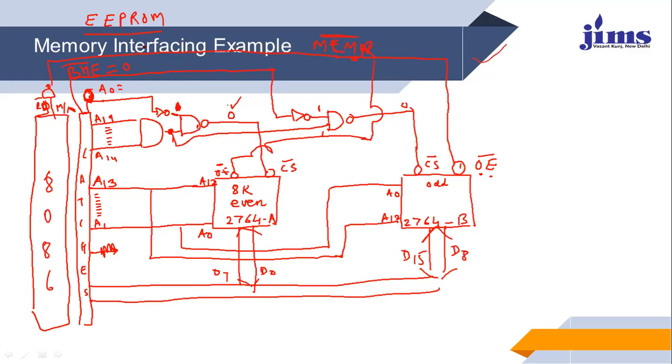Any doubt to anyone? Because time is winding up, this is what I wanted to tell you: how do you interface the memory? And I want a very quick response from the class. Looking at this interfacing diagram, what are the memory addresses of the first IC and what are the memory addresses of the second IC?